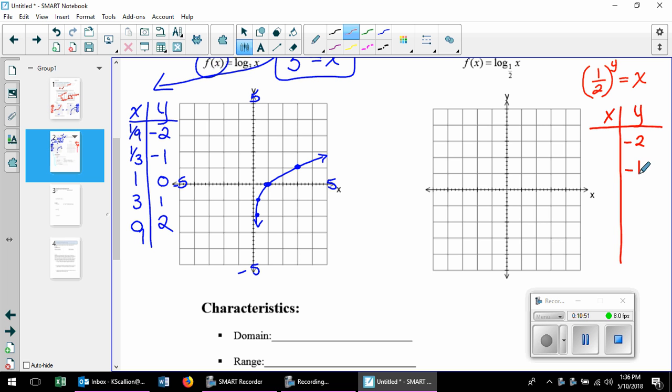So -2, -1, 0, 1, 2. -2 is 4. 2, 1, 1/2, 1, 4. Sometimes I find it easier to do the down part of the chart, like to do an exponent of 0, an exponent of 1, an exponent of 2, and then the negatives come more naturally.